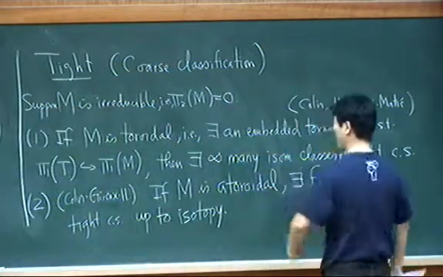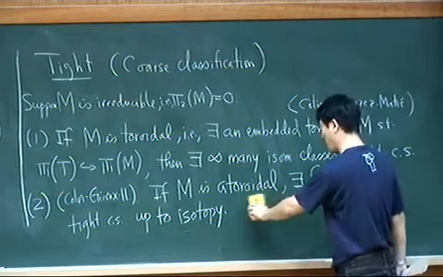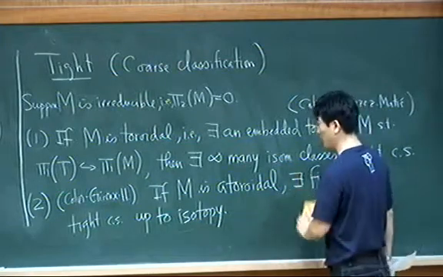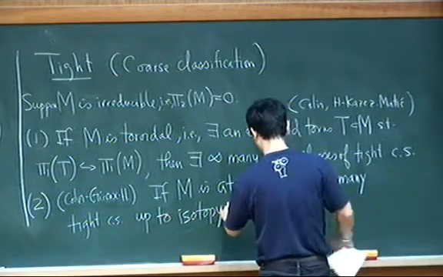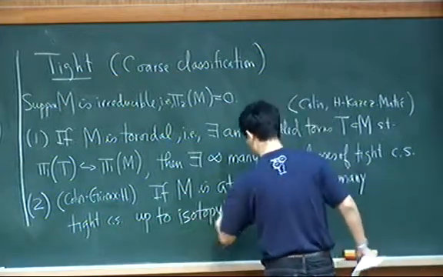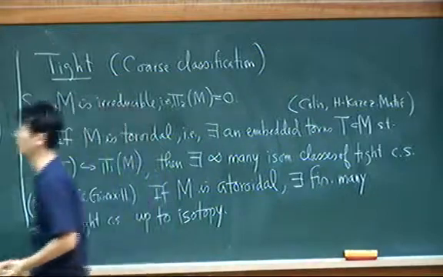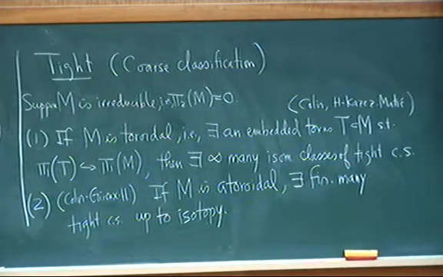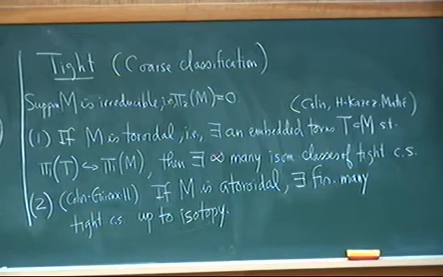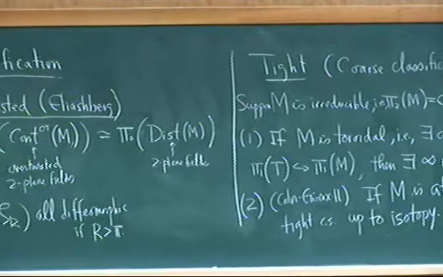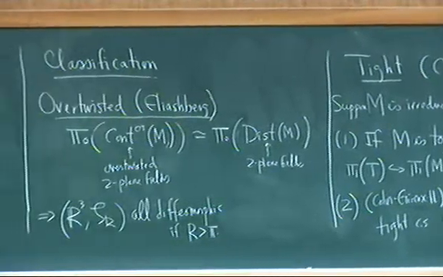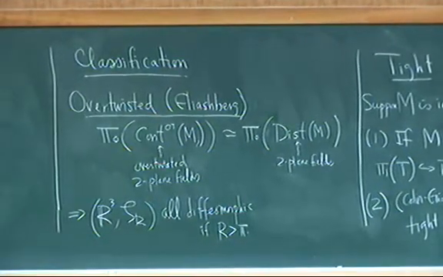Okay, there may be some people who are interested in hyperbolic things. The first example of a three-manifold without a tight contact structure was due to myself and Etnyre, which is the Poincare homology sphere with reversed orientation.